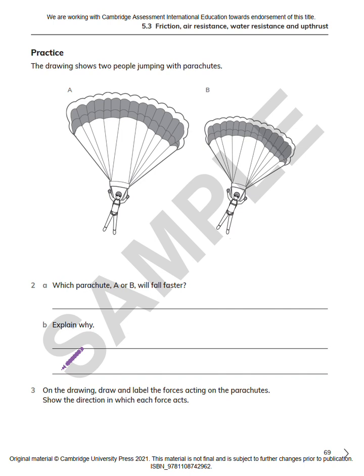Question 3. On the drawing, draw and label the forces acting on the parachutes. Show the direction in which each force acts. So for both the parachutes, this is gravity, which I'm just going to call G for now, because I don't want to write the whole word. And this is the arrow for gravity.